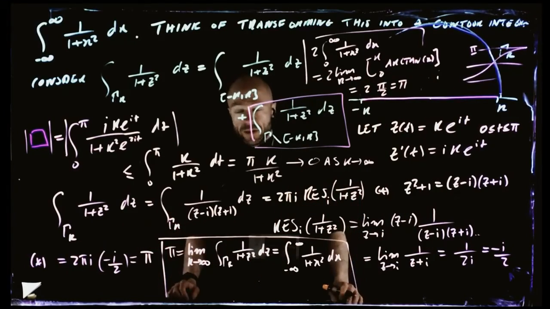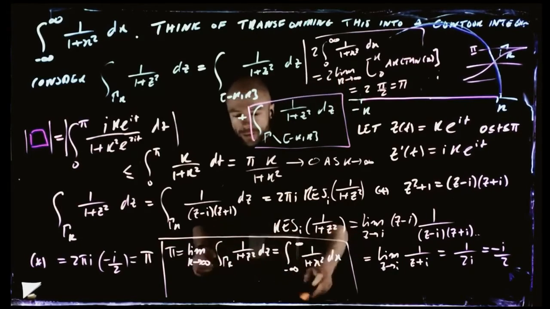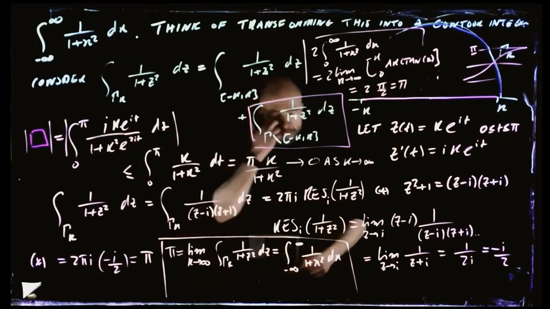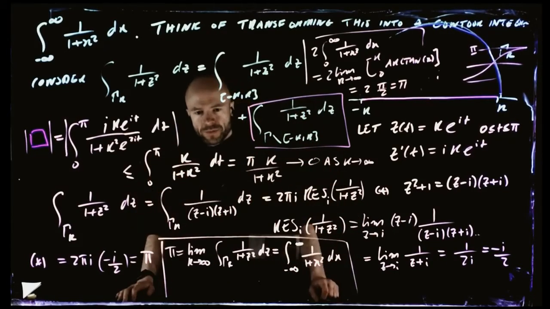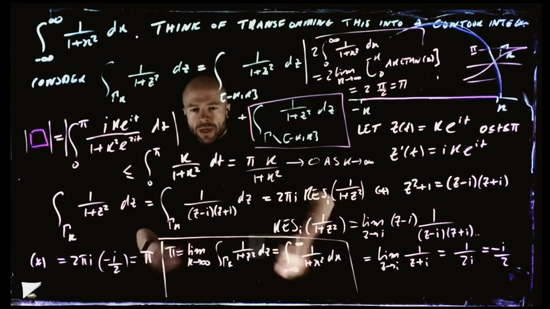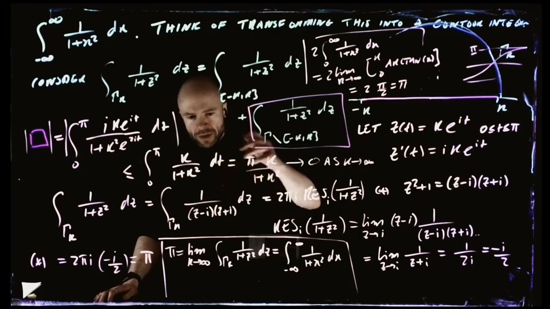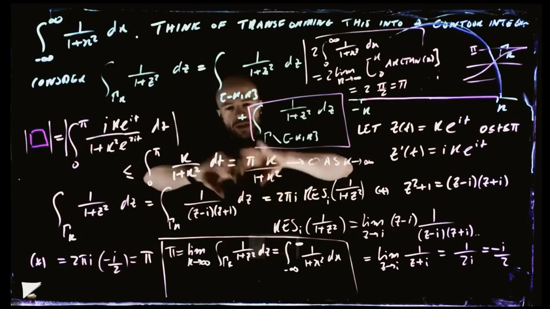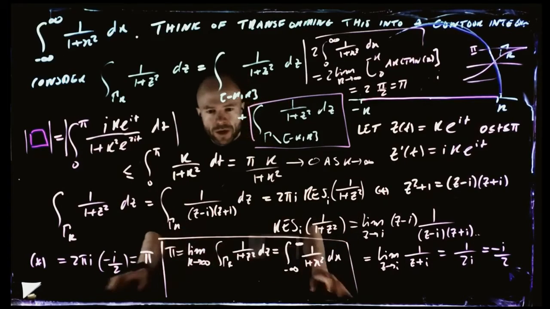But this is just the beginning, because this now has enormous power. Now we have the ability to transform real integrals into contour integrals, taking the limit. In all cases, we'll have some contour where we expand it in some way so that the only parts we're interested in are just the real parts.